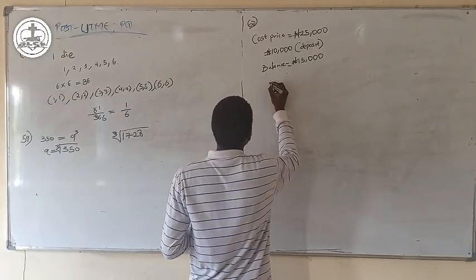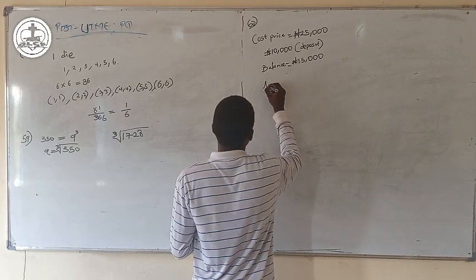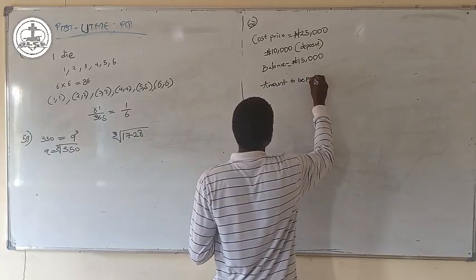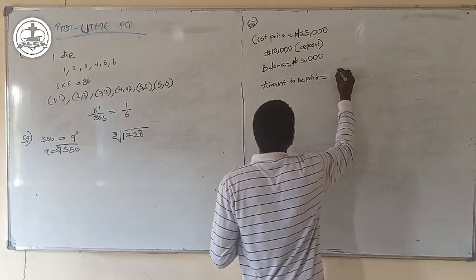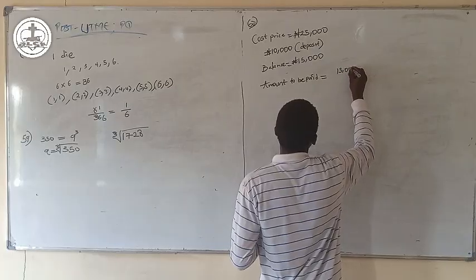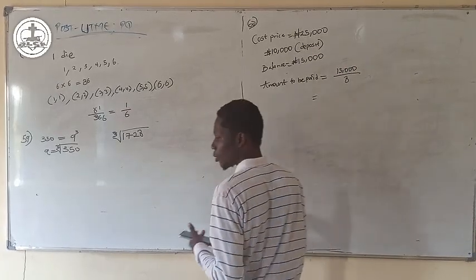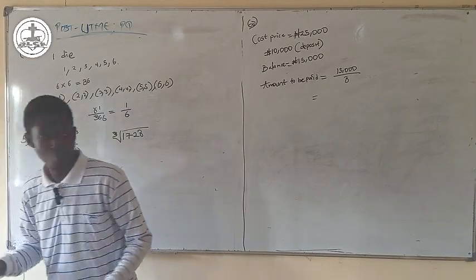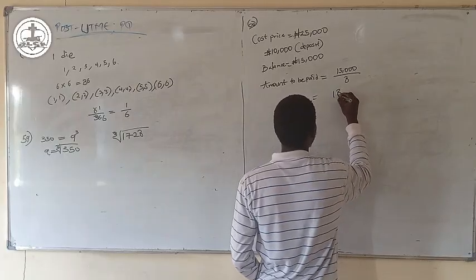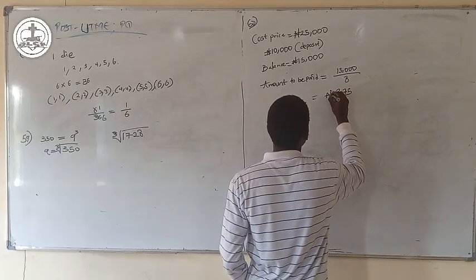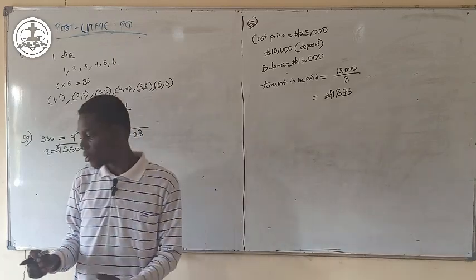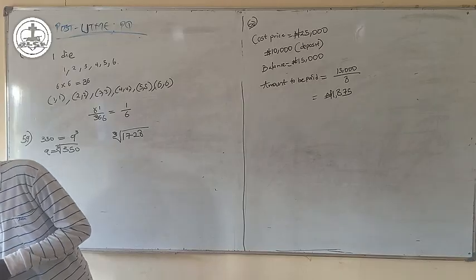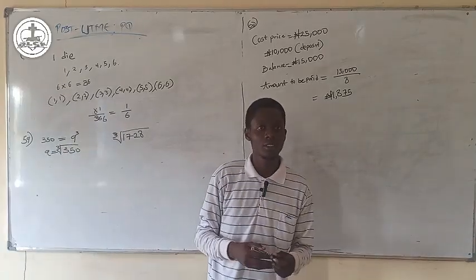The amount to be paid will be equal to 15,000, the balance, divided by 8, which is 1,875 naira. You pay that every month for 8 months. So that's number 60.